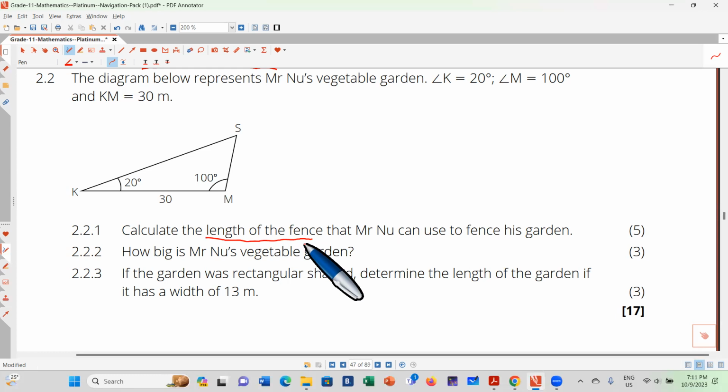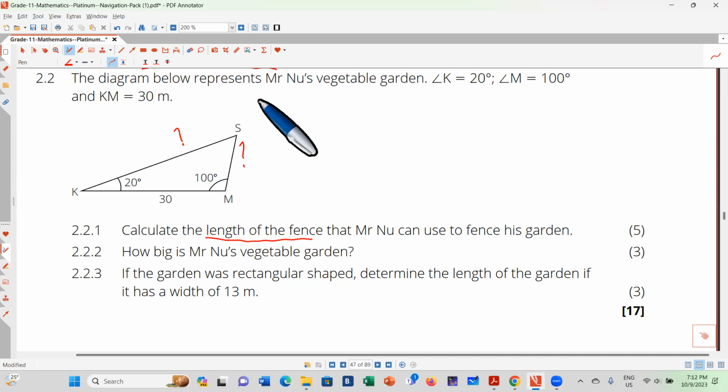So first we need to find SK. How do we find SK?